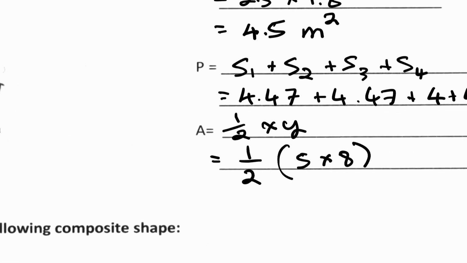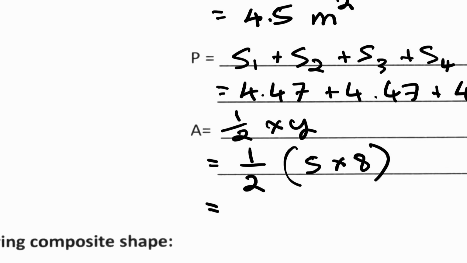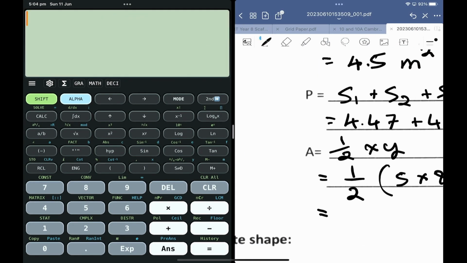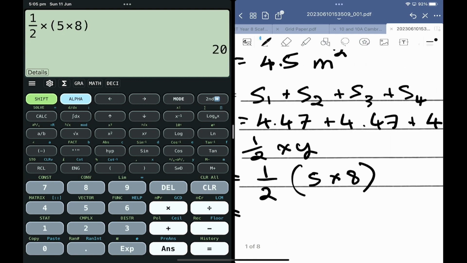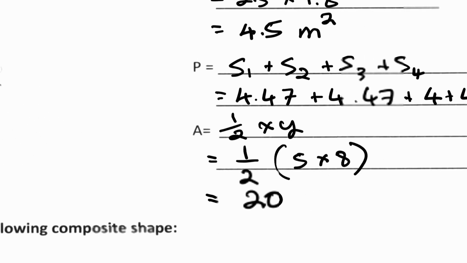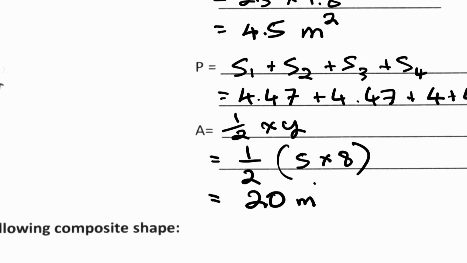Half of 5 times 8. And we plug that into our calculator. Don't forget the brackets in the calculator. So that is half. We use the brackets. 5 times 8, close the brackets, and that gives us 20. Don't forget the units. We were in meters, but because we're doing area, it is now meters squared.